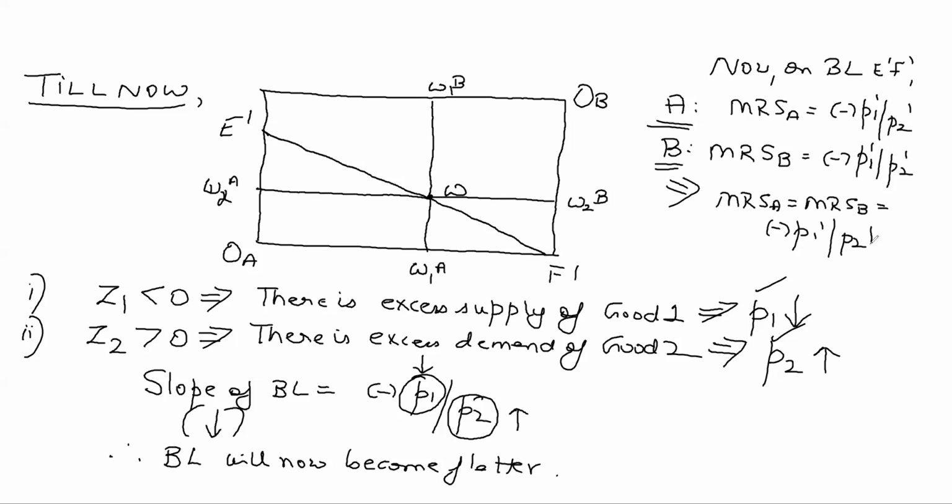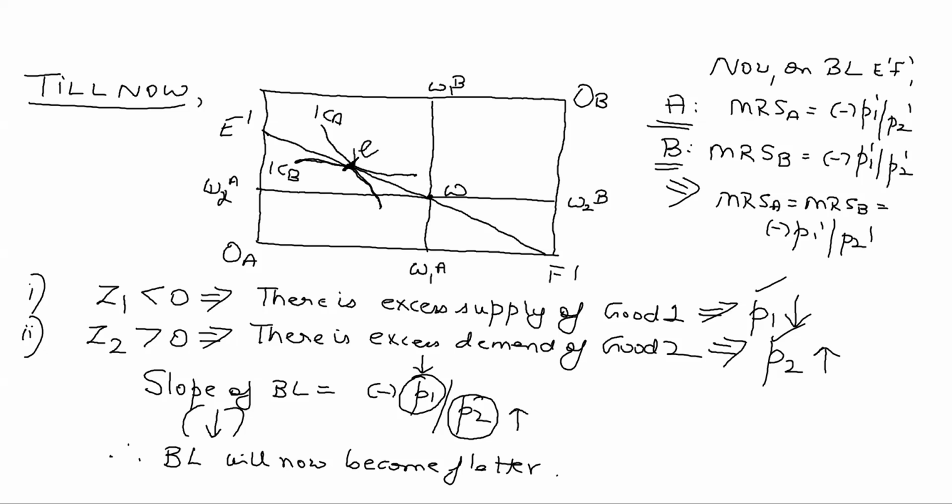So that means my point of market equilibrium will be where A's indifference curve is tangent to the budget line. B's indifference curve will be tangent to the budget line also, and it will be tangent to A's IC also. This will be B's indifference curve, ICB. And this point will be called the point of market equilibrium.